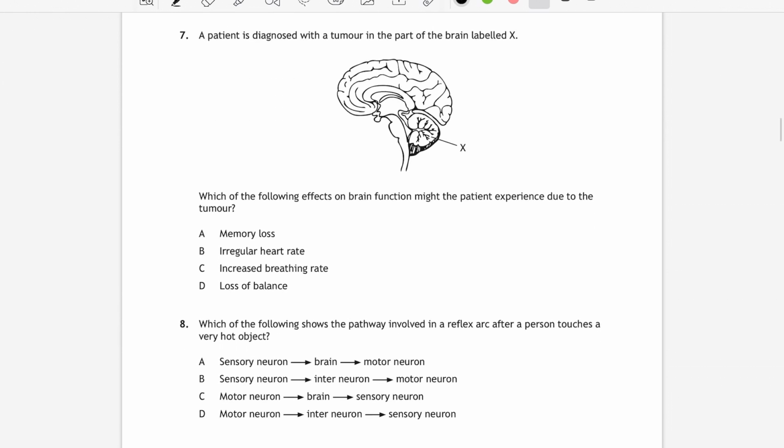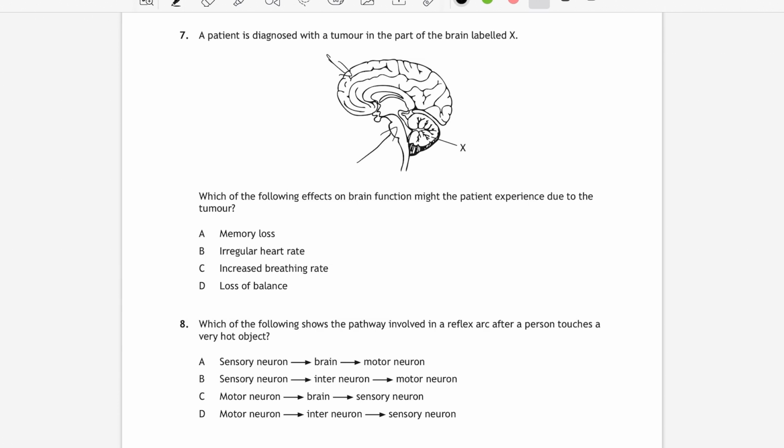Number 7, a patient is diagnosed with a tumour in the part of the brain labelled X. Which of the following effects on brain function might the patient experience due to the tumour? So I'm looking at this and I'm going, well, we need to know our parts of the brain. Okay, we need to know at least 3 of the parts. So we should have known this area here and this area just in here.